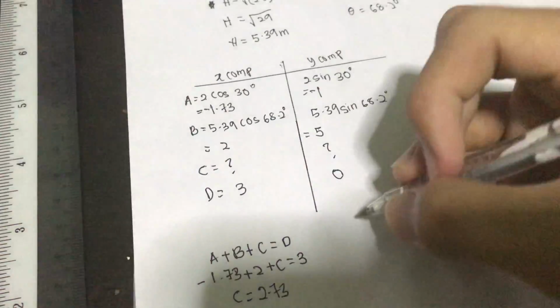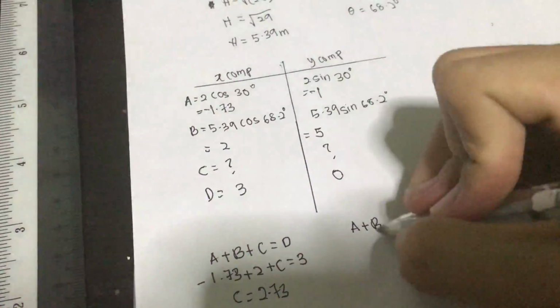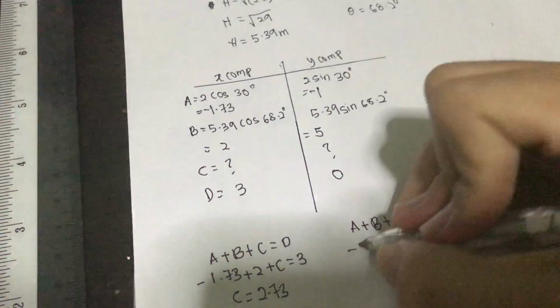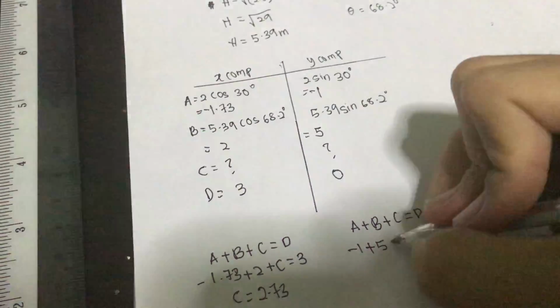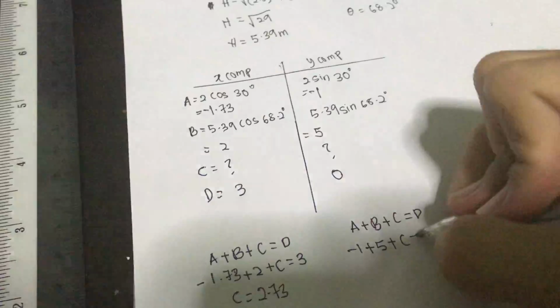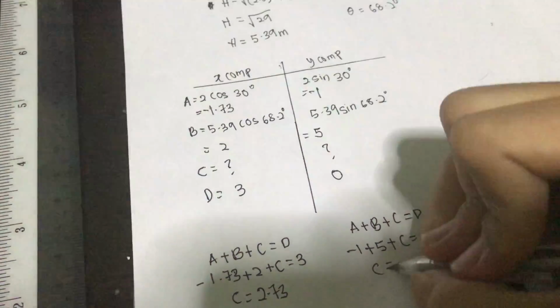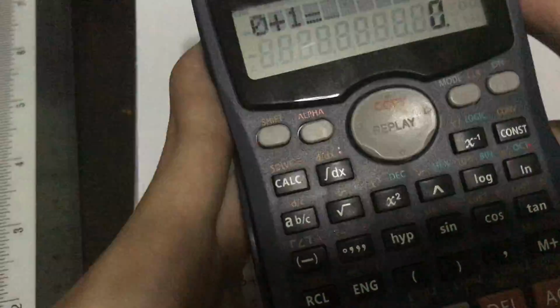And at the y component we have to do the same, A plus B plus C equal D. For A we get negative 1, B we get 5, C we should find also, and D we get 0. So C we will get 0 plus 1 minus 5, and we get negative 4.